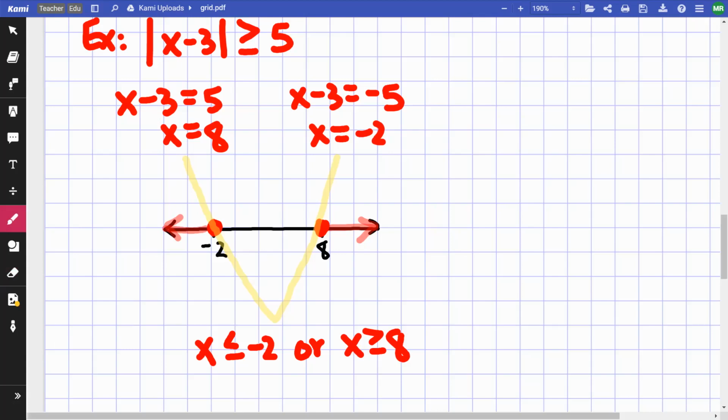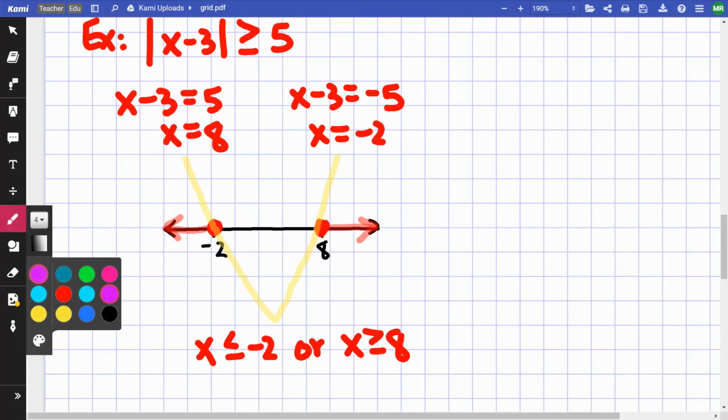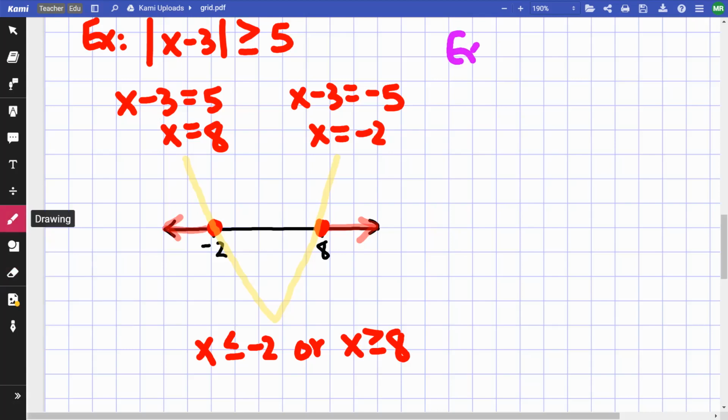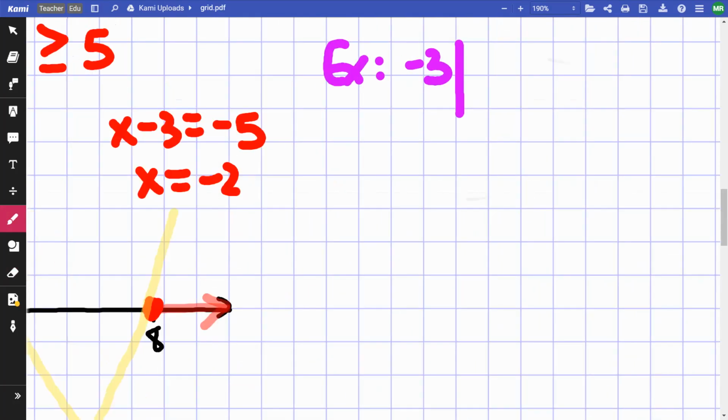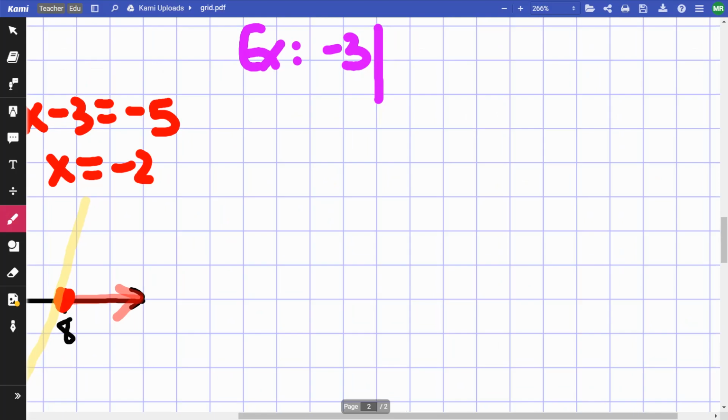So let's say I have -3 times the absolute value of x minus 2, plus 1, greater than -21.